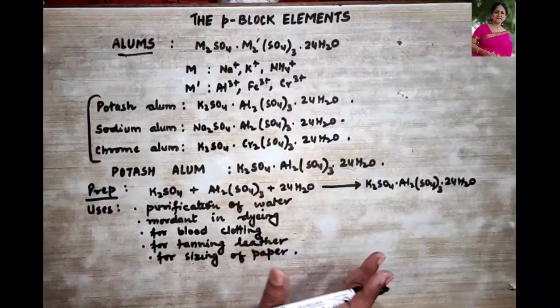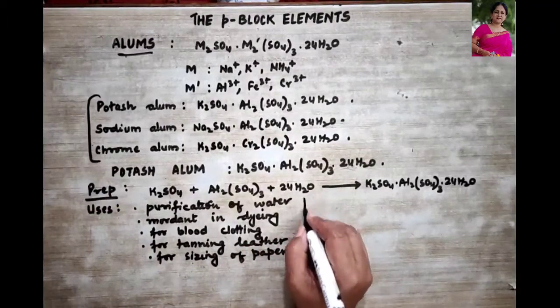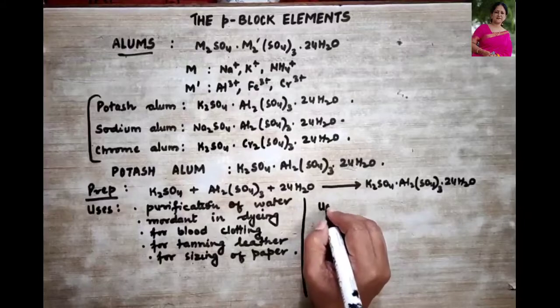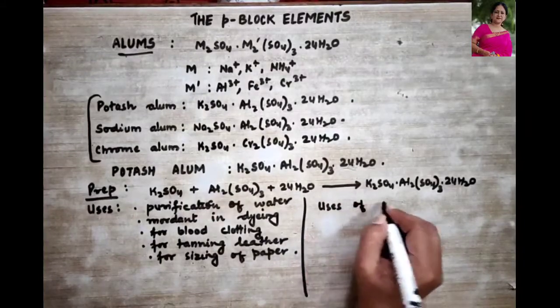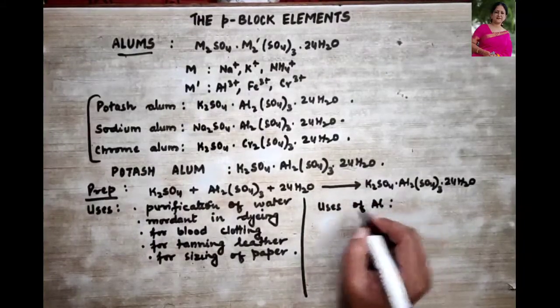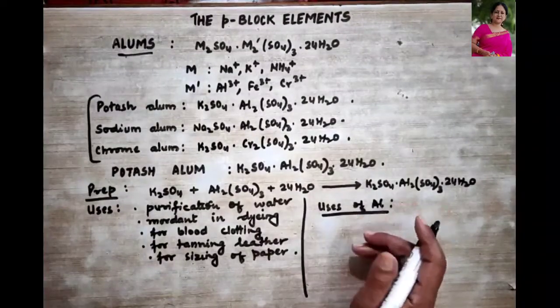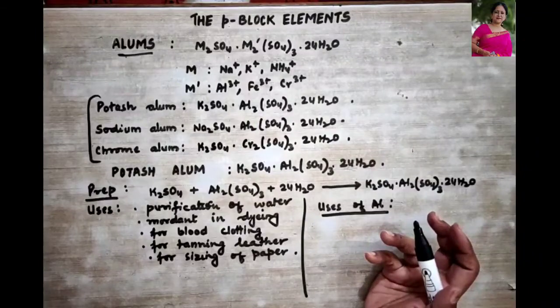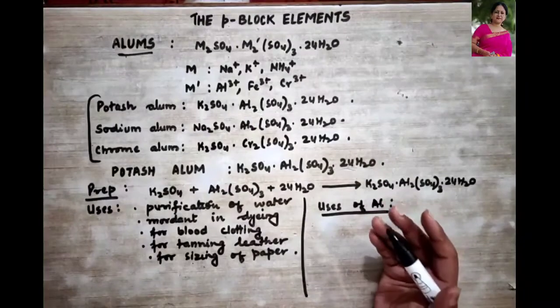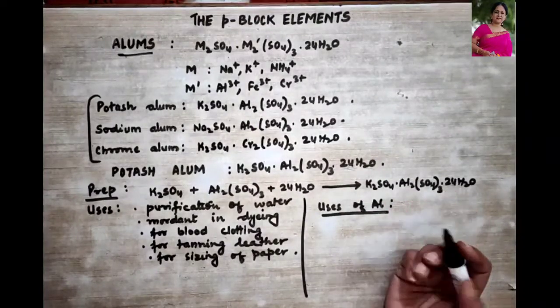I hope this much is very clear. Now a little more about the uses of aluminium also we have to do over here, right? So aluminium is used for making transmission cables, and it is also used for winding the moving coils of the motor.